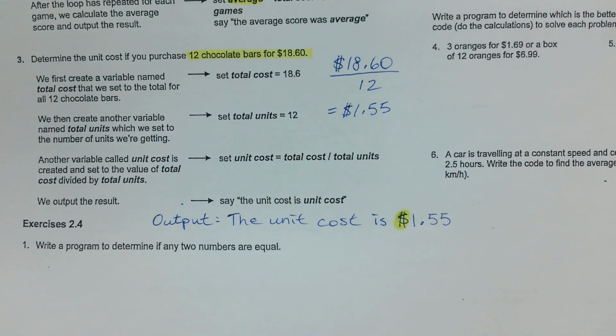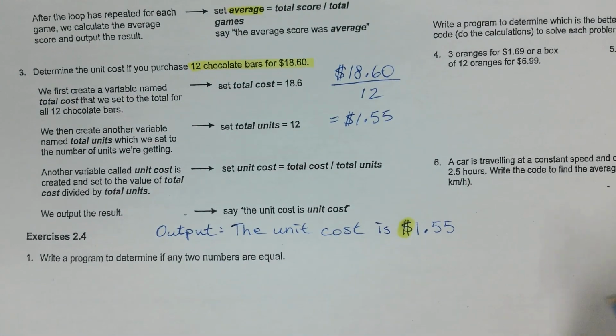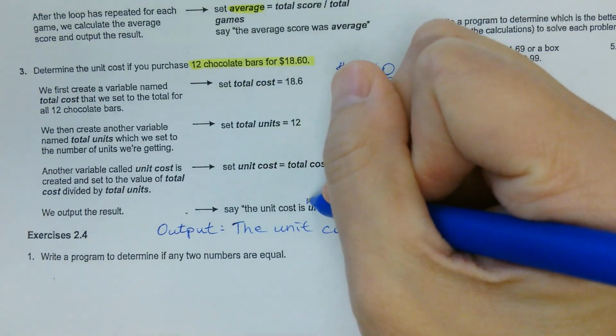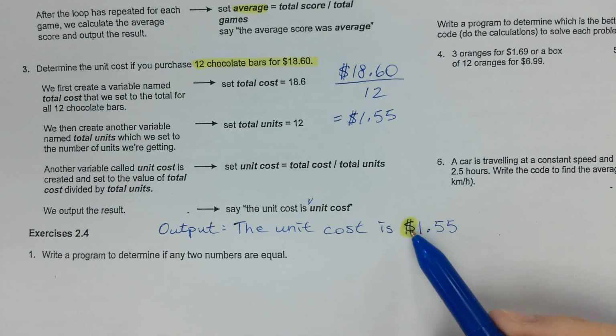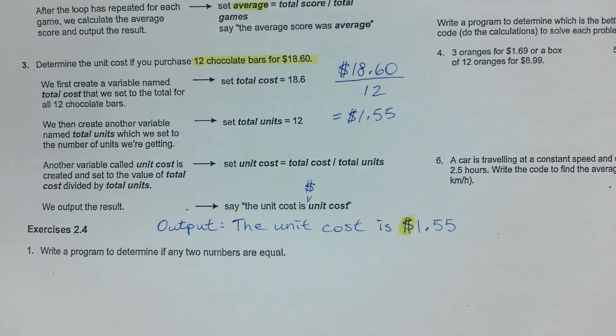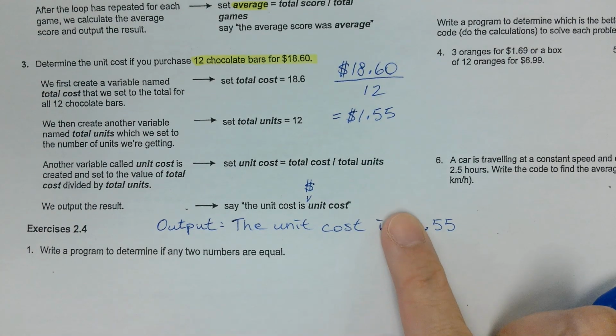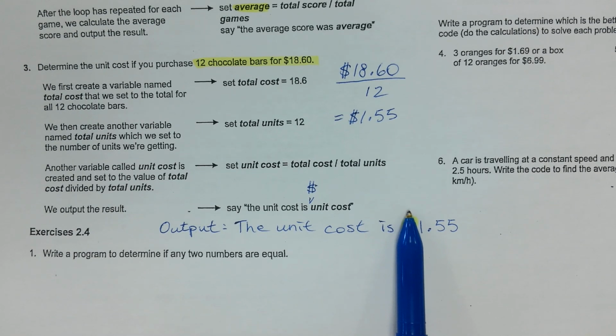So for once, I'm going to dock a mark off you for having the $ sign. And that's because based on this coding, there's no symbol right here. So if I wanted the $sign symbol, I would have had to add this symbol in right here. Otherwise, it would have just read the unit cost is 1.55, like this.